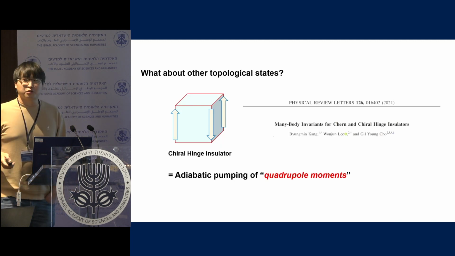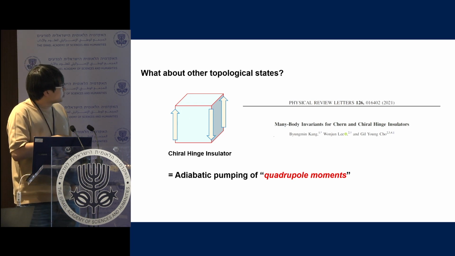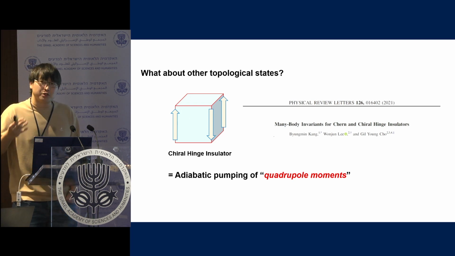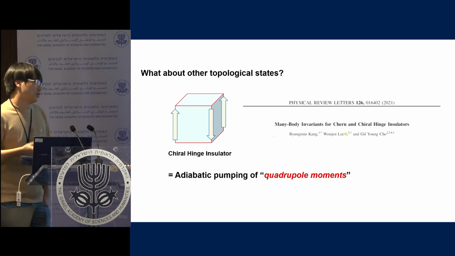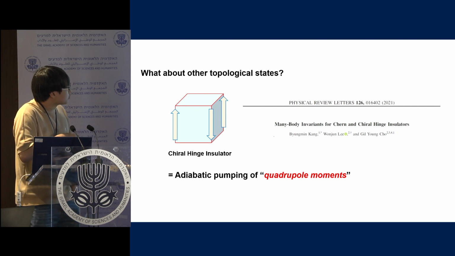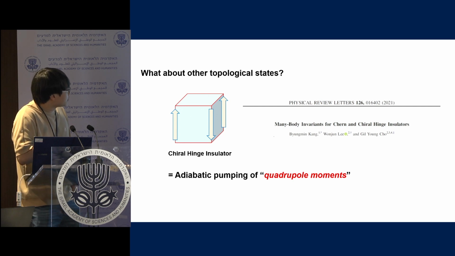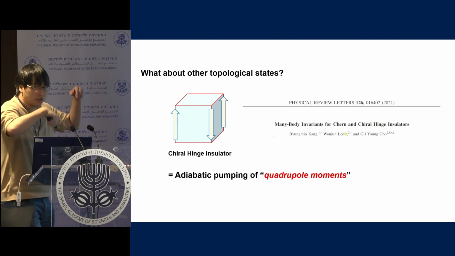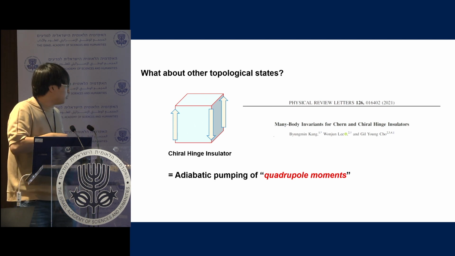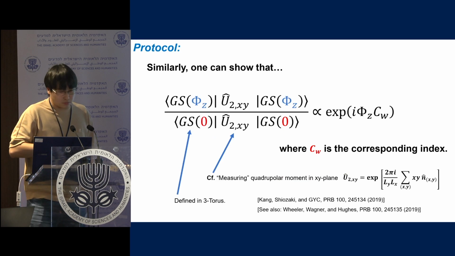Okay, Chern insulator could be too trivial, so actually we can go to the chiral hinge insulator, which is a more recent version of the Chern insulator, a 3-dimensional insulator. This is a real space picture. And in the chiral hinge insulators, there is a chiral mode going up along the hinges in an alternating way. So this insulator can be viewed as adiabatic pumping of the quadrupole moment.